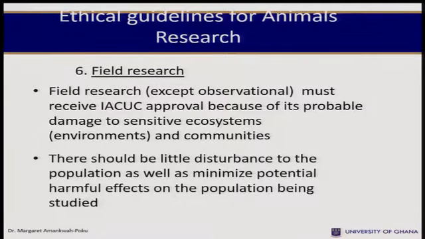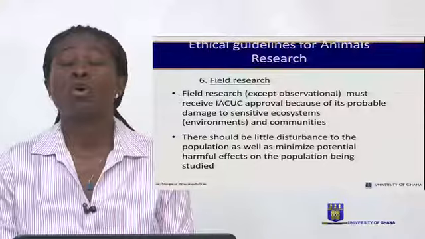Then we have field research. So with field research, this guideline talks about the fact that field research must receive ethics approval, and also the fact that the researcher has to ensure that there's no damage to the sensitive ecosystem and the community.